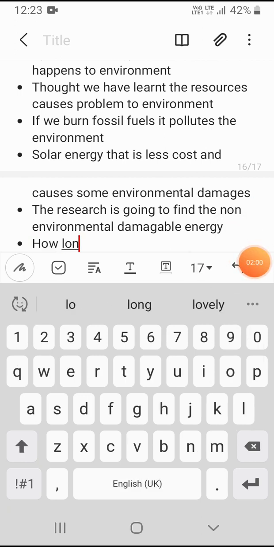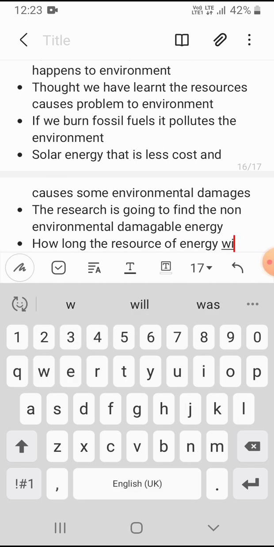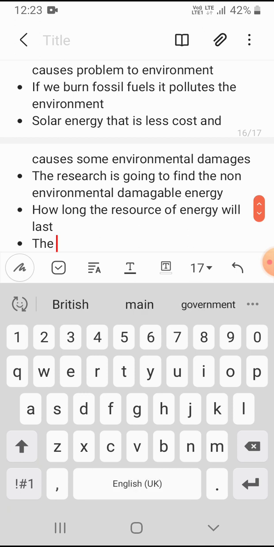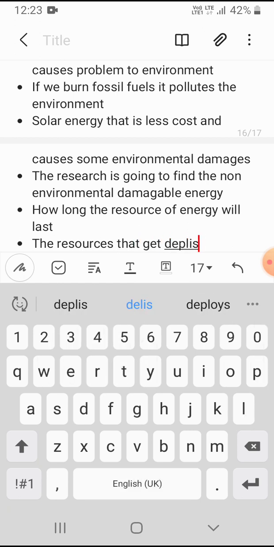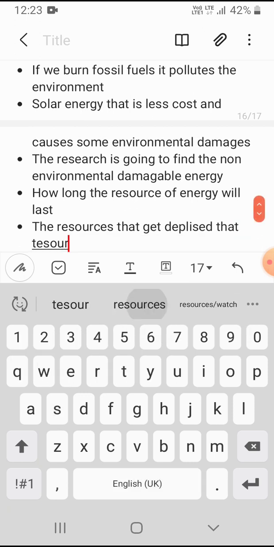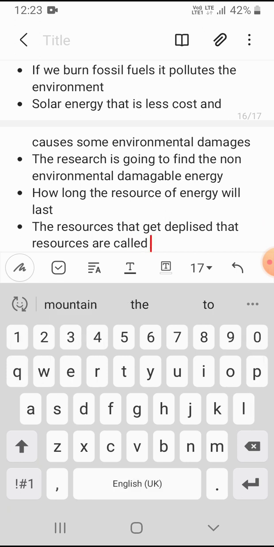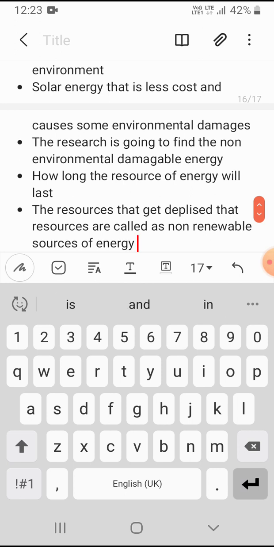So how long will the resources be there, how long will the source of energy last, as you all know. The resources that get depleted fast are called non-renewable sources of energy, as you learnt in your lower classes, renewable and non-renewable.